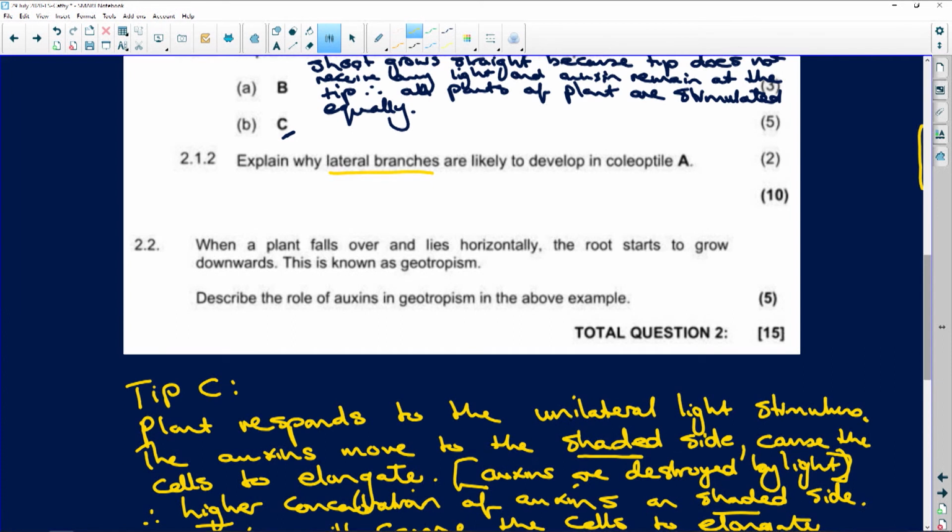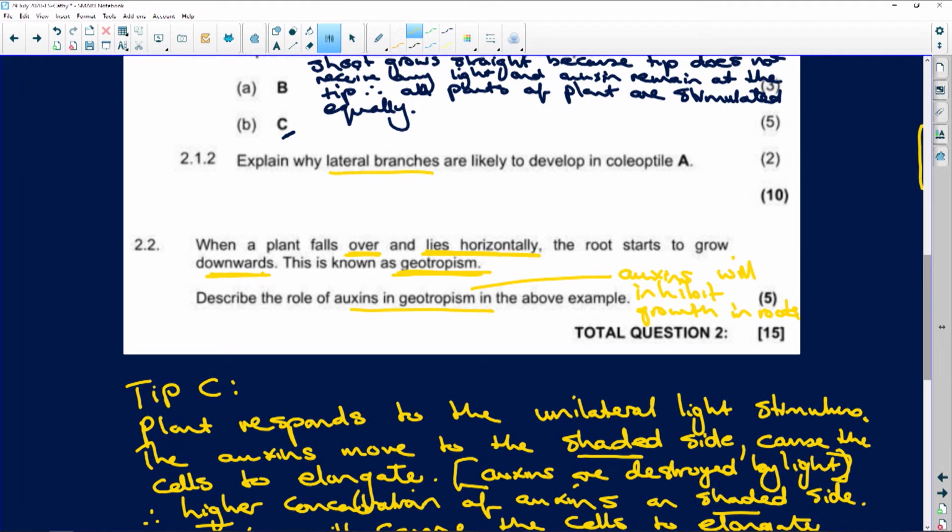And it says, when a plant falls over and it lies horizontally, the roots start to grow downwards. Okay, now we know that is geotropism. Describe the role of auxins in geotropism for the above example. Please remember that auxins will inhibit growth in roots.